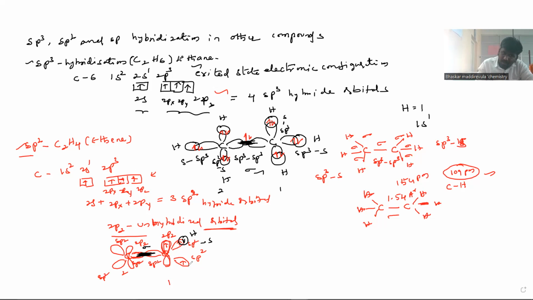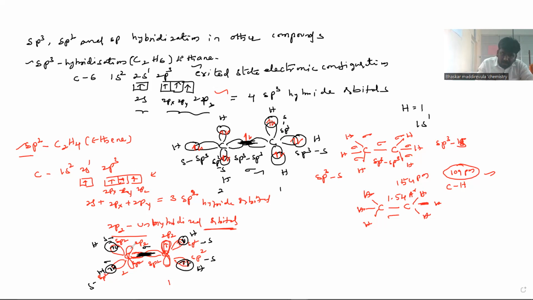Each of these also overlaps with the s orbital of hydrogen, on the other carbon as well. So all will give sigma bonds. While overlapping, electrons get paired up with opposite spin. So sp2 and s orbital overlap gives a carbon-hydrogen sigma bond.